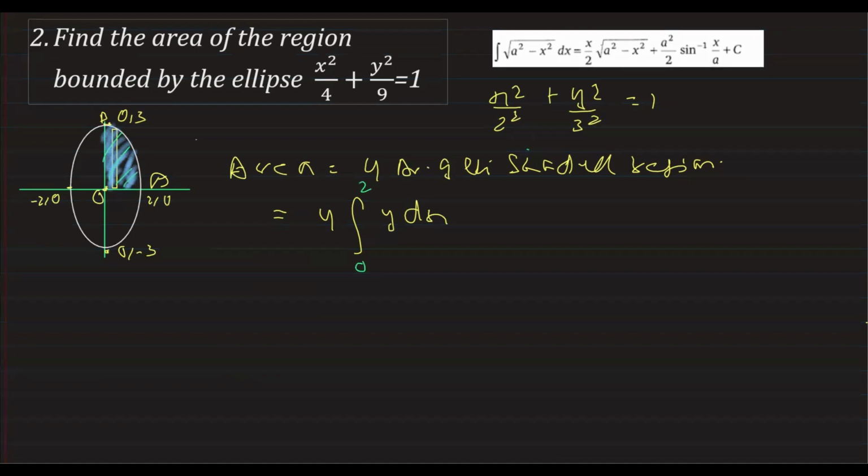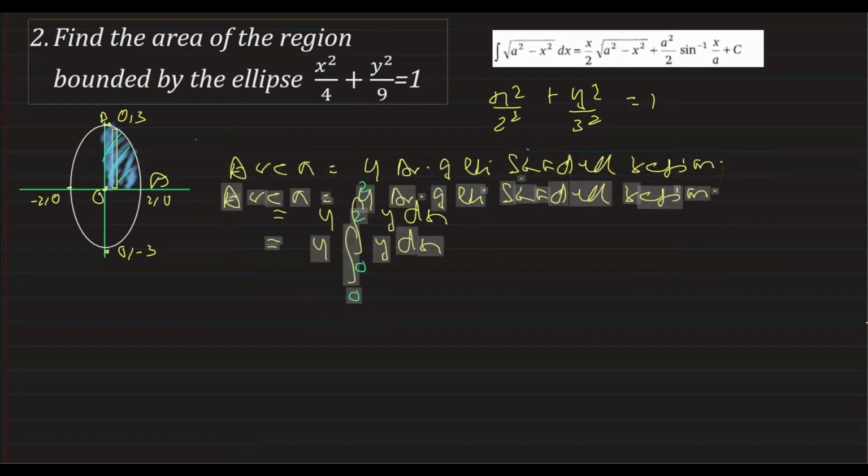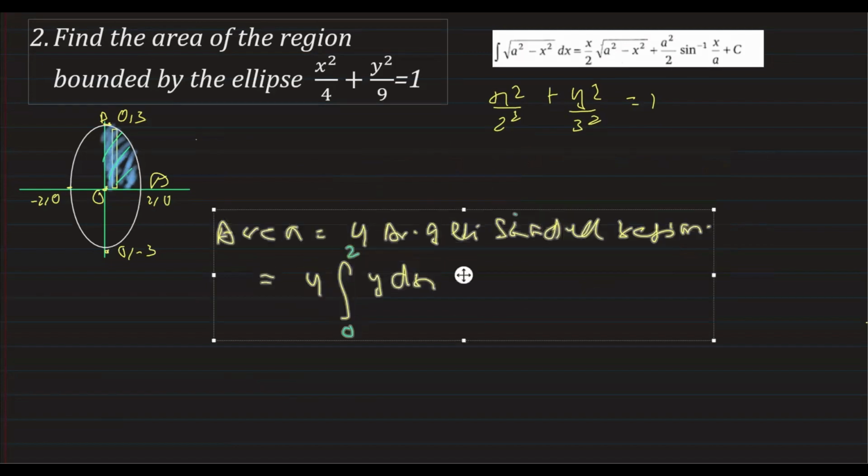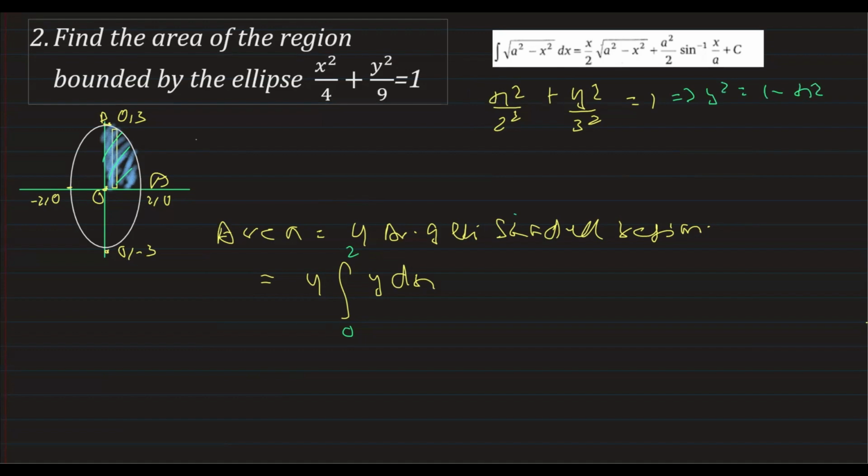For this part, now I have to isolate y. We have to obtain y in terms of x. So let's make some space here. So from here, I'm going to obtain y. So what I'm going to get here is what? y square will come as 1 minus x square by 4. And I can transpose 3 also, right?